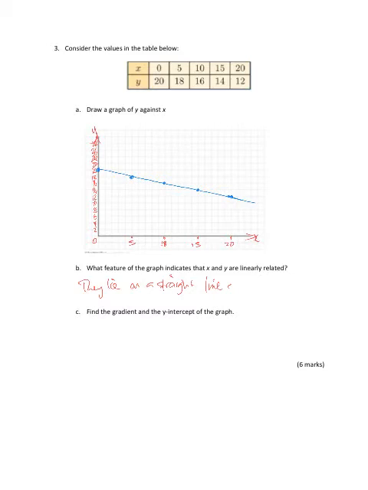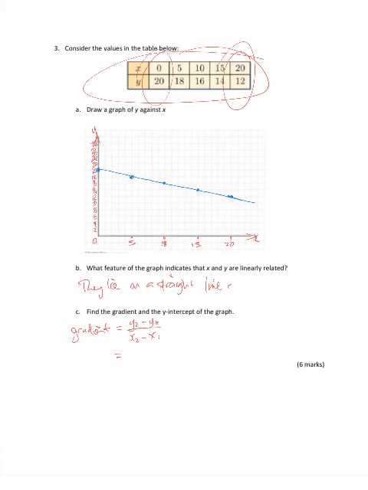So gradient, I've given you that formula, y2 take y1 over x2 take x1. So you could choose any of these points in the table above. I'm going to go the extreme, so I'm going to go this point here. That's going to be my second point, and this is going to be my first point there.